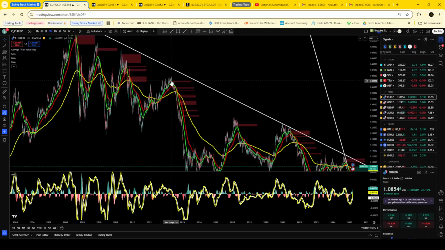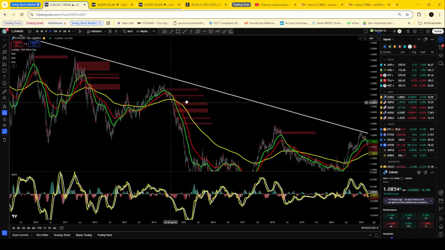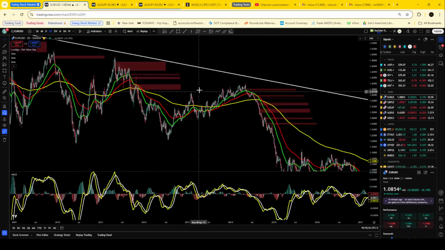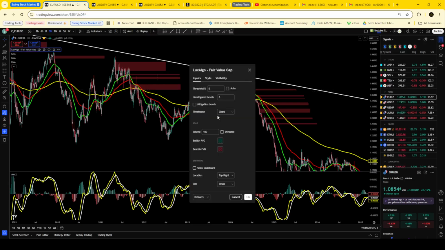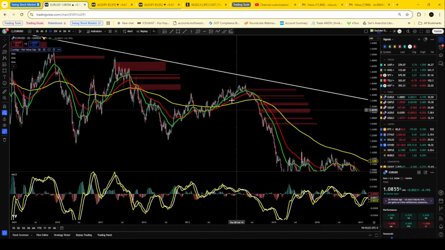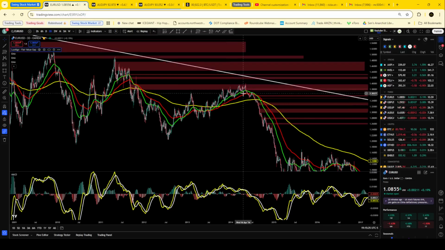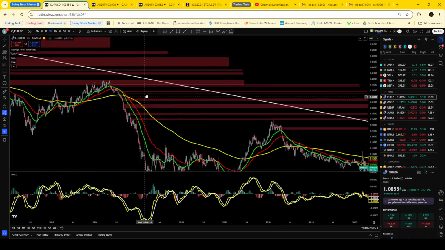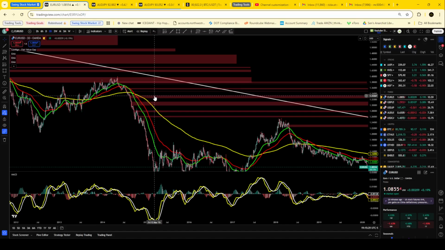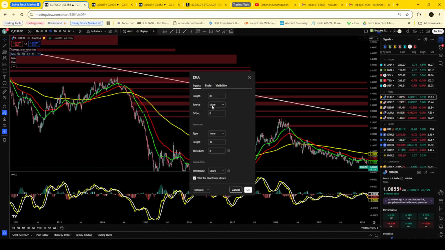Let's come in a little bit more. This is why I chose 500. Once you start to learn how to trade with fair value gaps, it makes sense. All right, so let's move on to the EMAs.